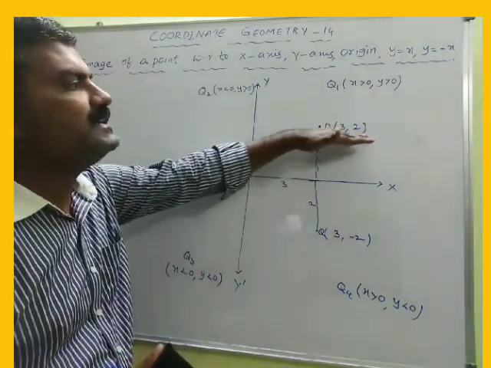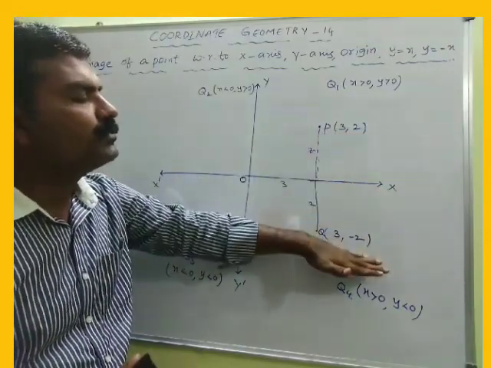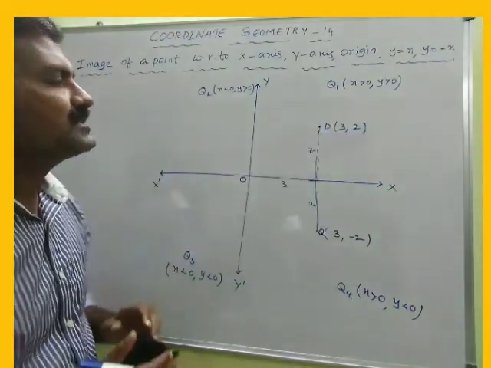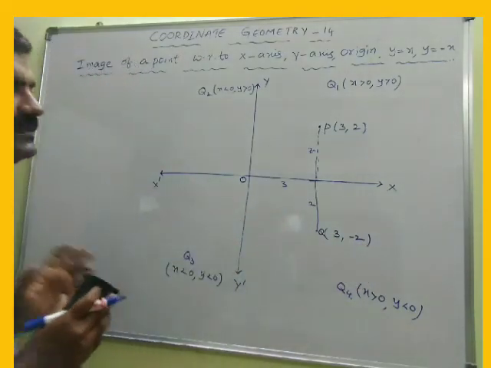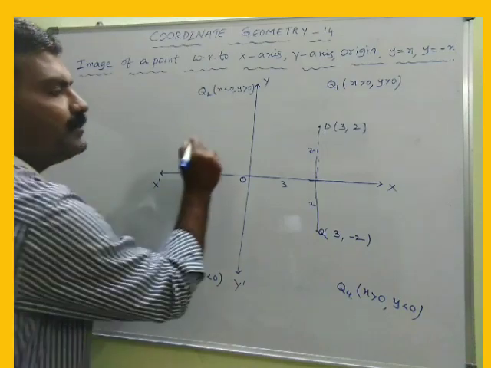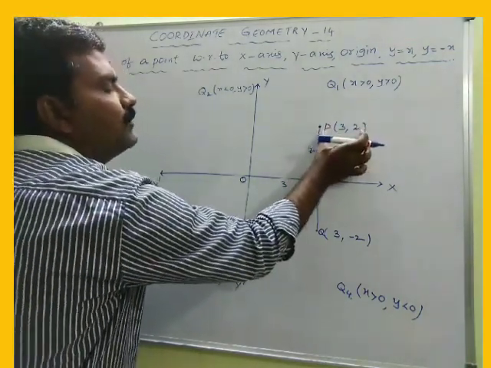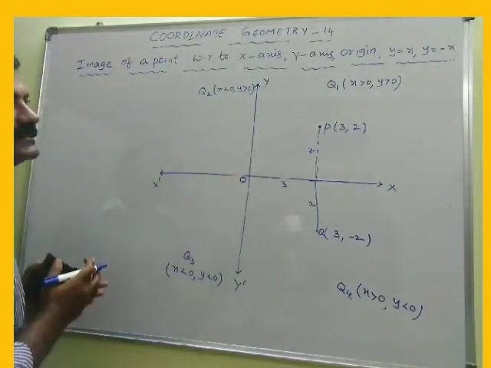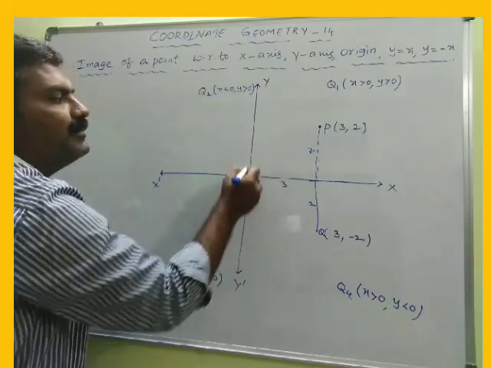If a point is in the first quadrant, its image with respect to the x-axis will be in the fourth quadrant. Now I want to know about the image of the same point with respect to the y-axis. I mean, now the y-axis acts like a mirror.